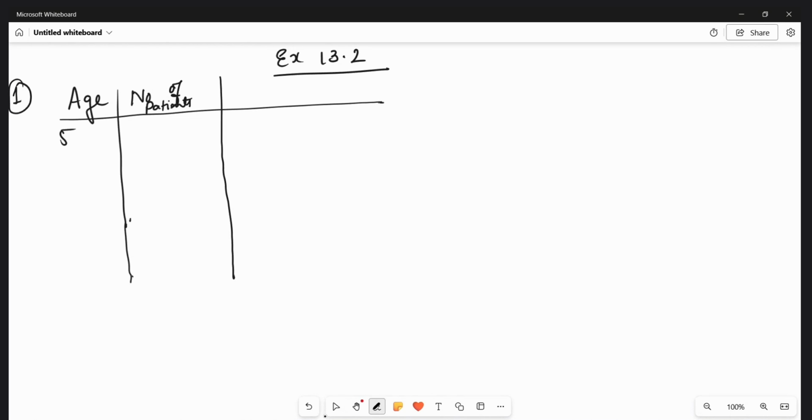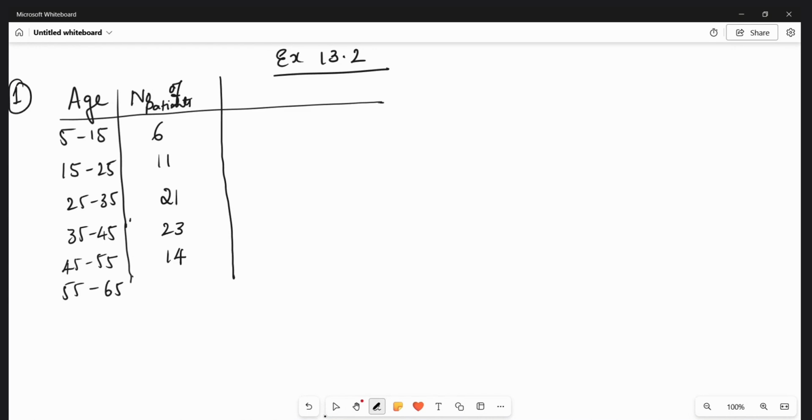Age 5 to 15, it is 6. 15 to 25, 11. 25 to 35, it is 21. 35 to 45, 23. 45 to 55, 14. 55 to 65, it is 5.